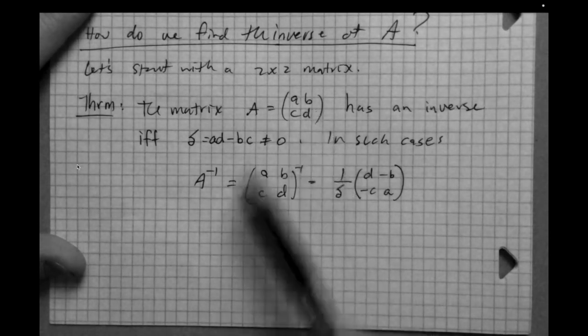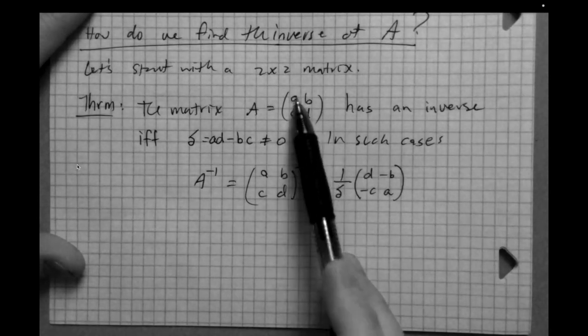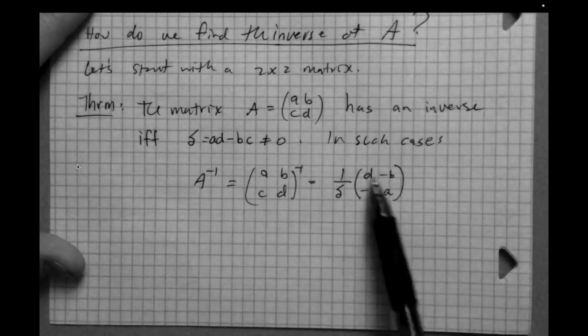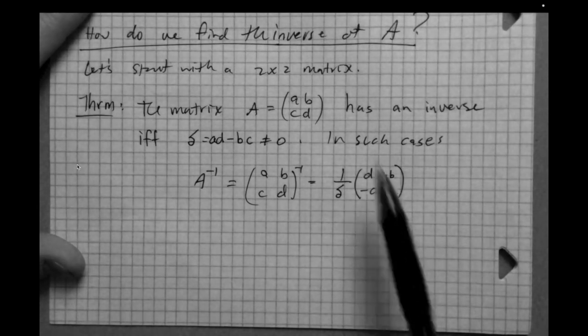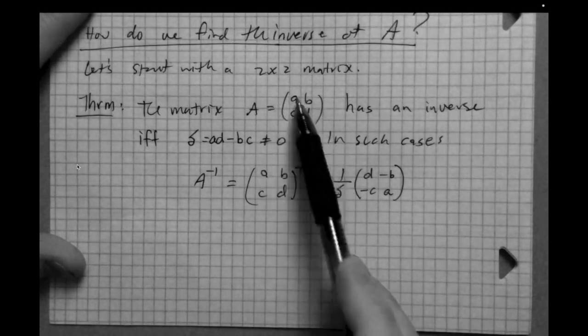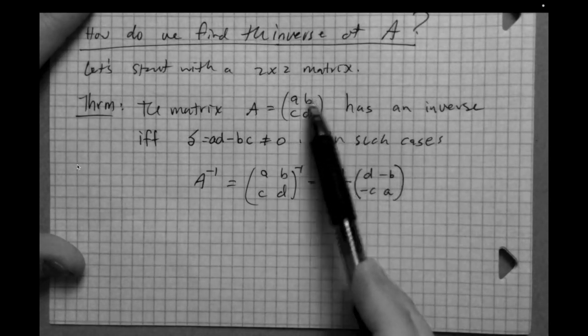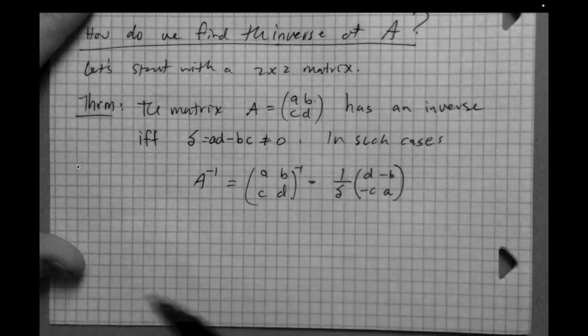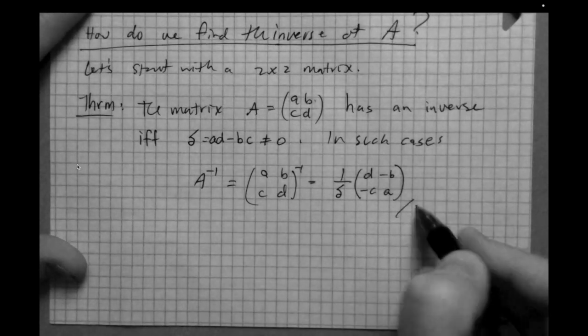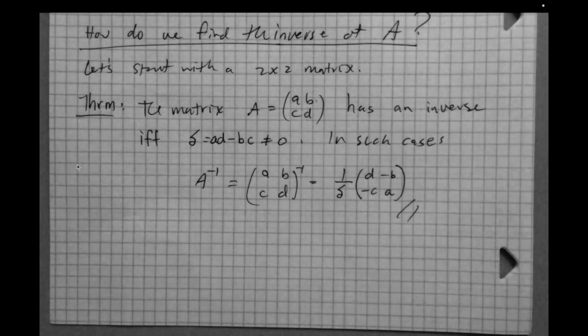And when it has an inverse, you can find the inverse by simply switching the location of A and D. So D comes up to A's position, A goes down to D's position, and then making the other diagonal variables negative, or flipping the sign. So if they're positive here, you make them negative. If they're negative here, you make them positive. So flipping the sign, and that becomes the inverse. Okay, we'll prove this in a sec.